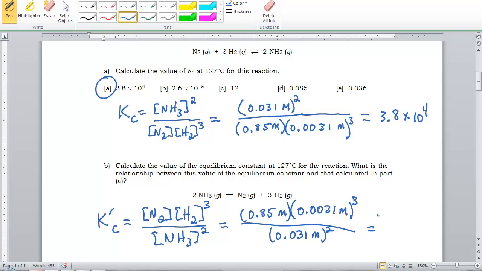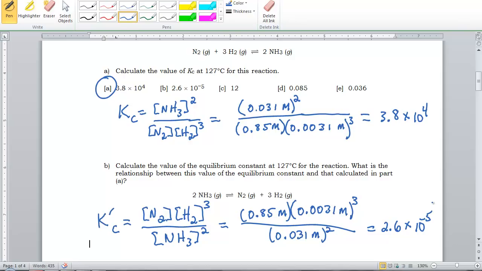Okay, so let's just do this calculation and then we will compare. All right, so I ended up with, to 2 sig figs, 2.64 times 10 to the negative fifth. We only have 2 sig figs, so 2.6 times 10 to the negative fifth.